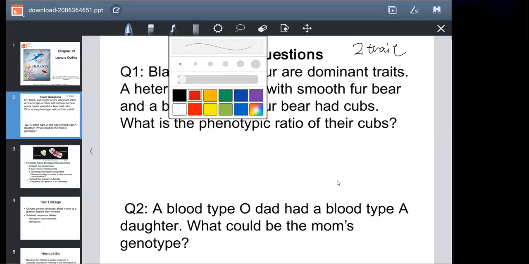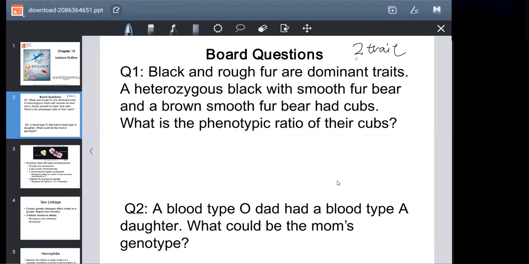Let's practice. The two-trait question says, the fur of a bear can be either black or brown, rough or smooth, and black and rough are dominant. So let's build our key.